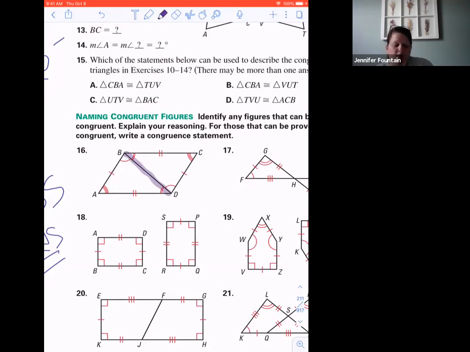Think about our three properties that we talked about: reflexive, symmetric, transitive. If we look at this joining line, it's kind of a mirror image.